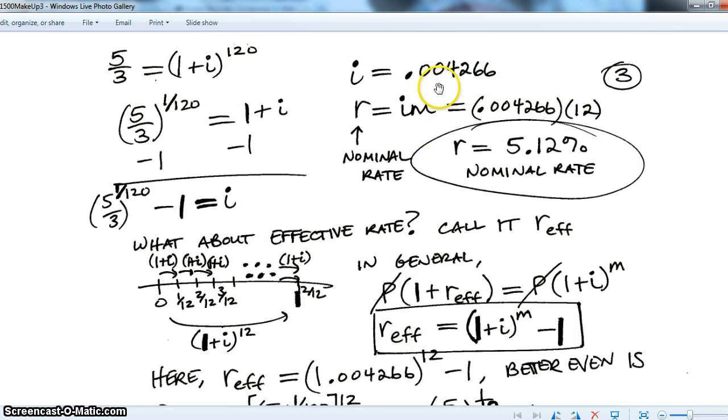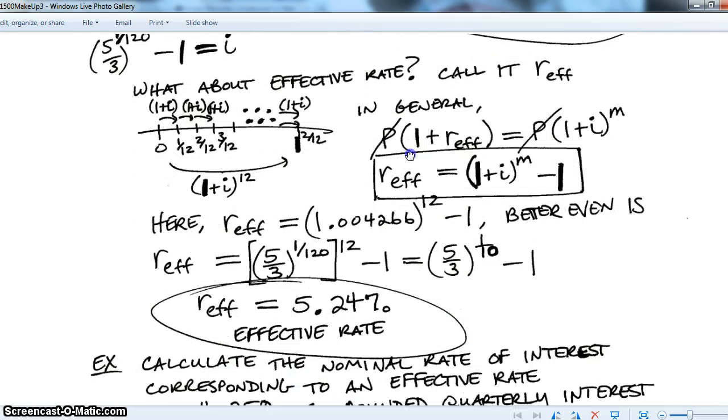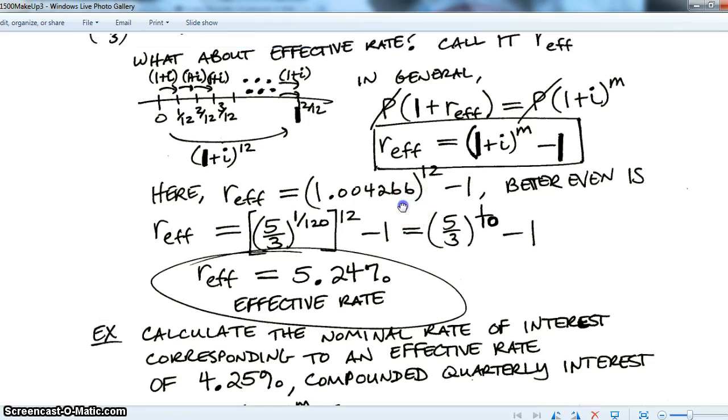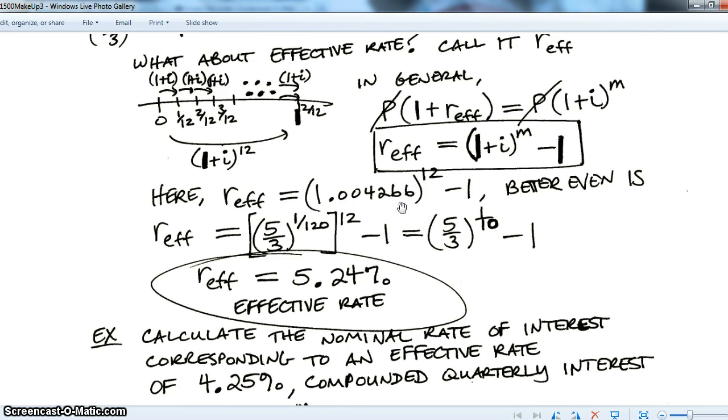We had 0.004266. That means that we have 1.004266 is the 1 plus I. So that's the factor that you multiply by each month. If you raise that to the 12th power, that gives you the factor that you multiply by each year if it's compounded each month.